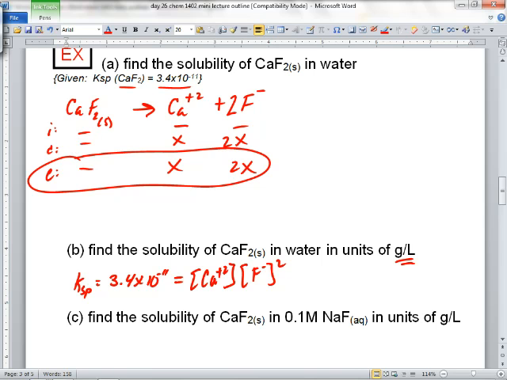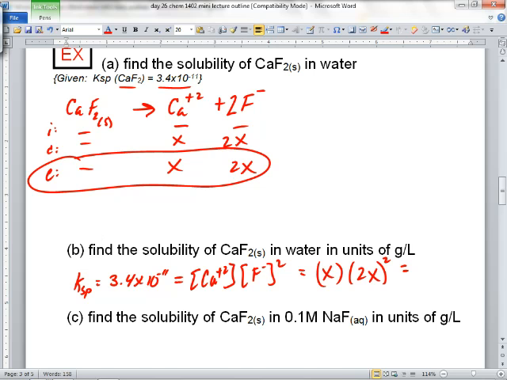Do you see why you do that? Because now we're going to have what times what? X for the calcium. Good. And 2x for the fluoride. But you're not going to square. You're not going to forget to square it if you wrote F minus squared. Okay. So we end up with what?